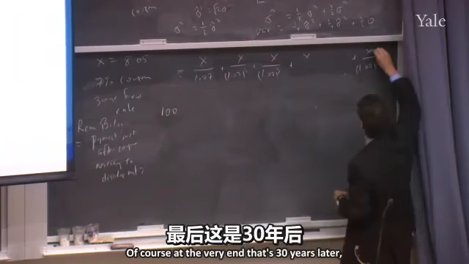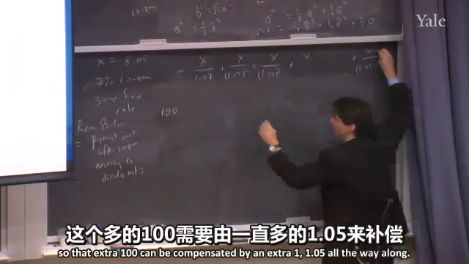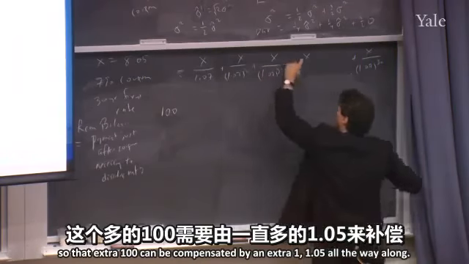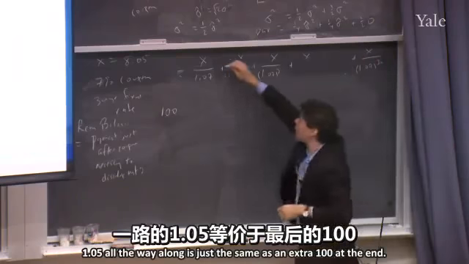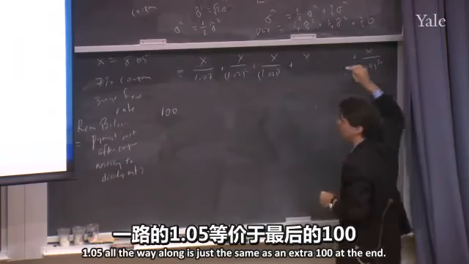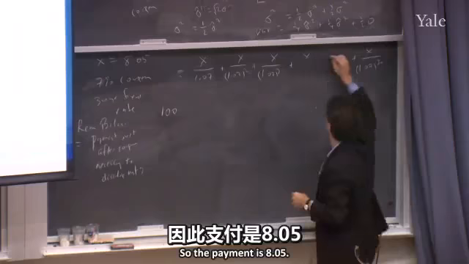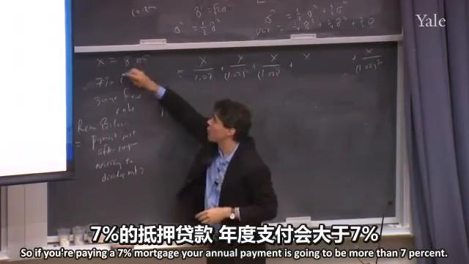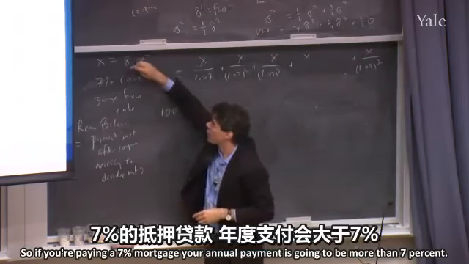At the very end, that's 30 years later, so that extra 100 can be compensated by an extra 1.05 all the way along. So if you're paying a 7% mortgage, your annual payment is going to be more than 7%. It's going to be 8.05.